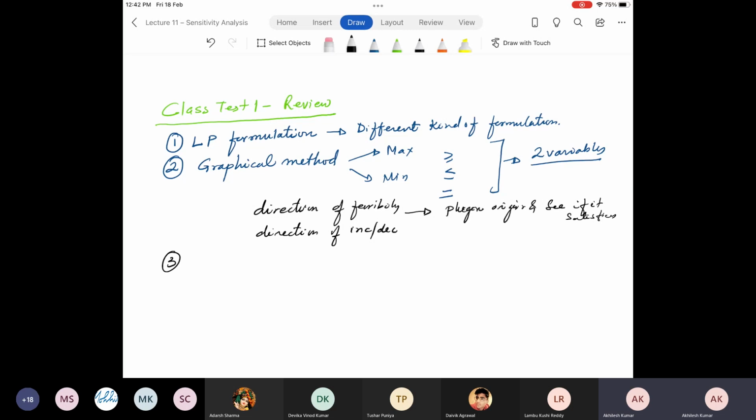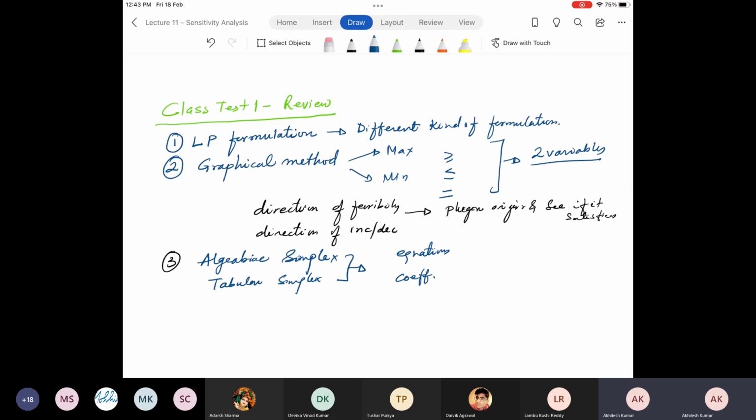Then we have looked at algebraic simplex. So I will take all of them together: algebraic simplex, tabular simplex. Method wise, both are same. At one place you do the equations, in one place you only work with the coefficient.